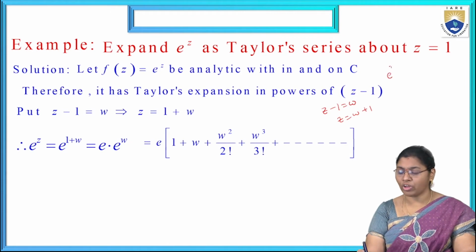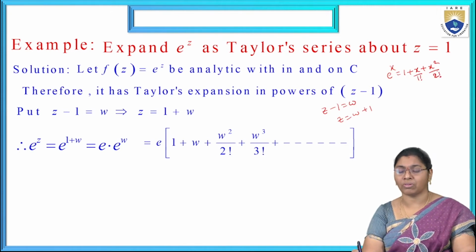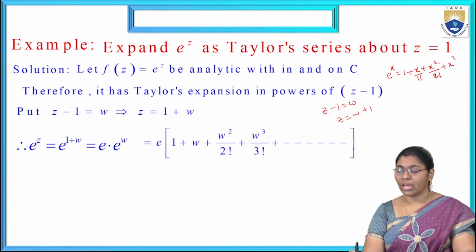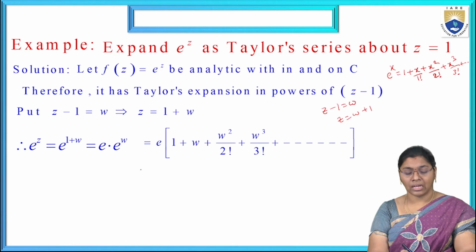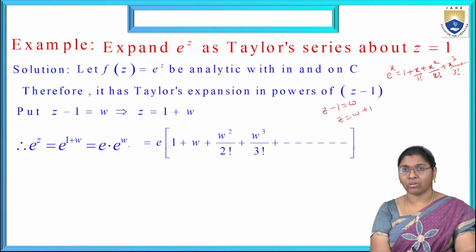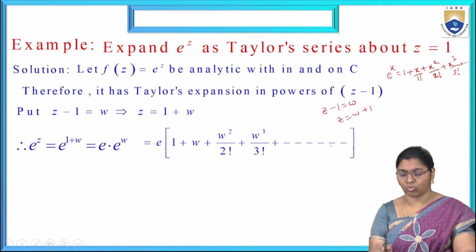What is the expansion of e^x? That is 1 + x/1! + x^2/2! + x^3/3! and so on. Here x is replaced by w, so it equals e times (1 + w + w^2/2! + w^3/3! + and so on).